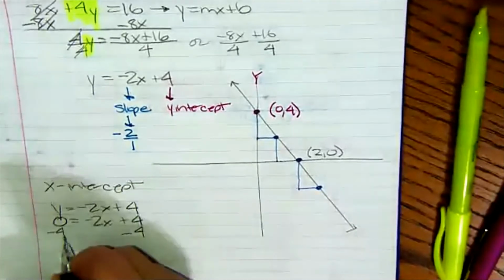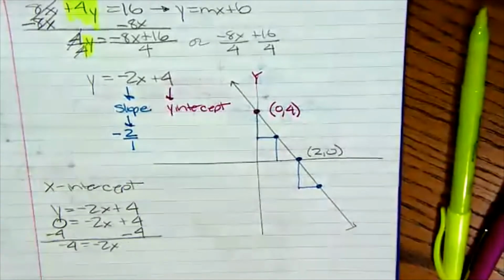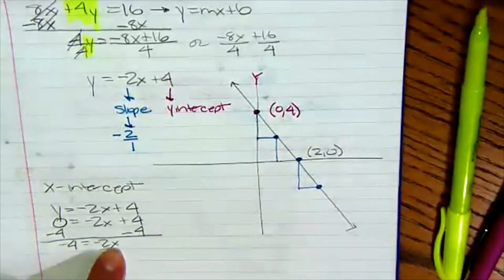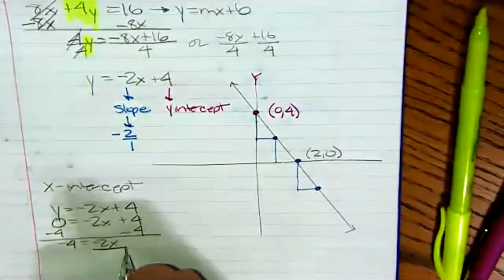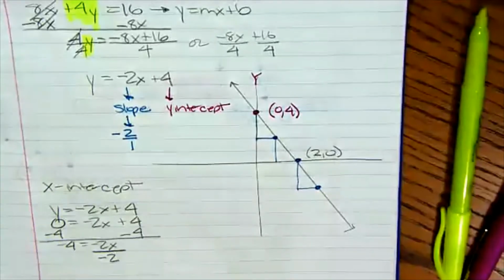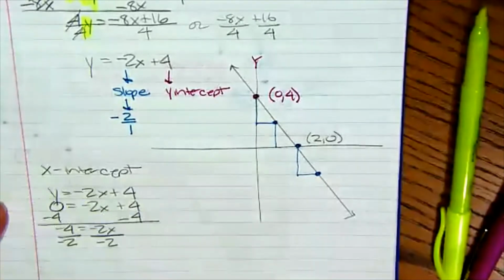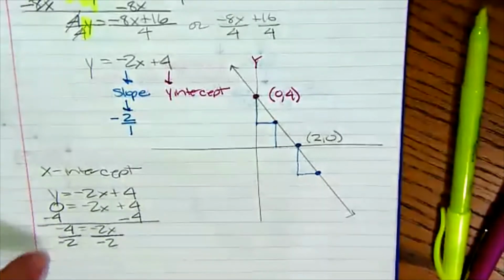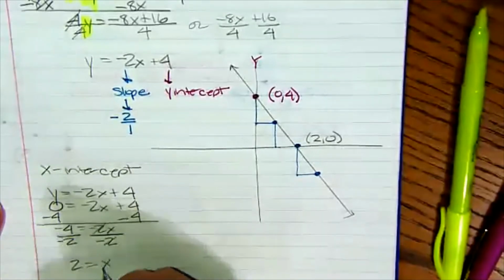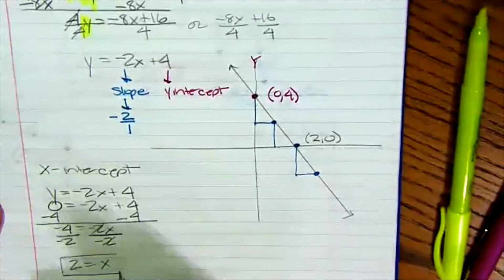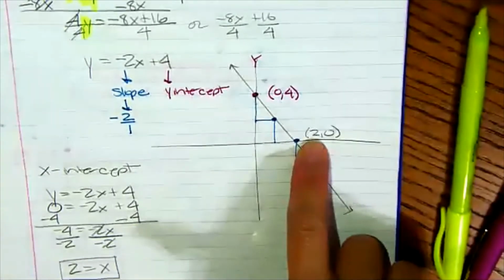What I do to one side, I must do to the other. I want to isolate my x. I need to get rid of this times negative 2, so I'm going to divide by negative 2. What I do on one side, I must do to the other. Negative 4 divided by negative 2 is positive 2. These cancel, x. Would you look at that? My x-intercept is 2, and that's what we got right here.